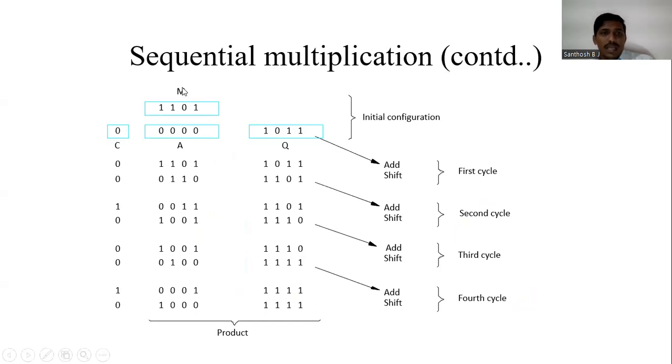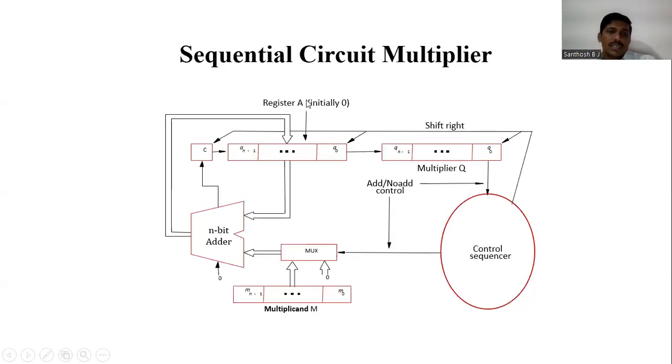See it. This is the first step, that is the initial configuration. What is the initial configuration in the diagram? See, write the carry here, and A0, A1, A2, up to An minus 1 we call the registers, and Q0, Q1, Q2, up to Qn minus 1 we call the multiplier, and this M is the multiplicand.